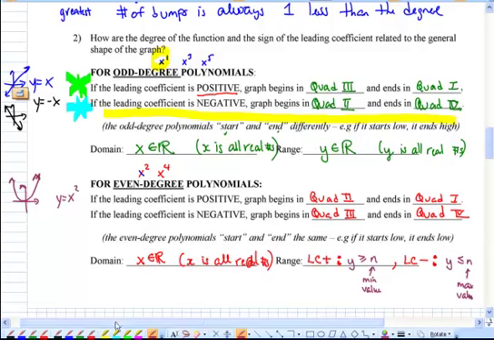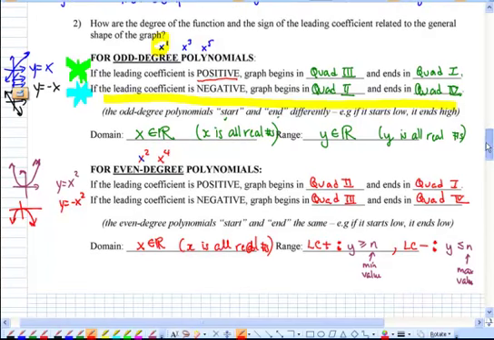And then I think about the negative x squared graph when I talk about an even degree polynomial where the leading coefficient is negative. And this once again illustrates that going from left to right, it begins in quadrant 3 and ends in quadrant 4. So keep those in mind now as we try example number 3.